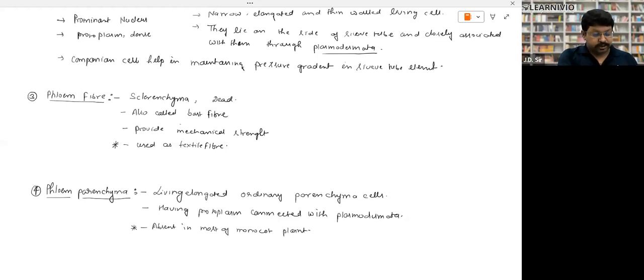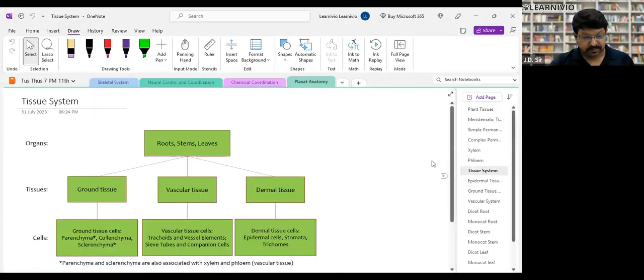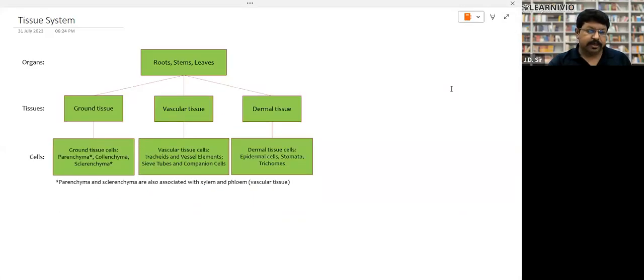Now come to the tissue system. So basically there are three tissue systems, right?